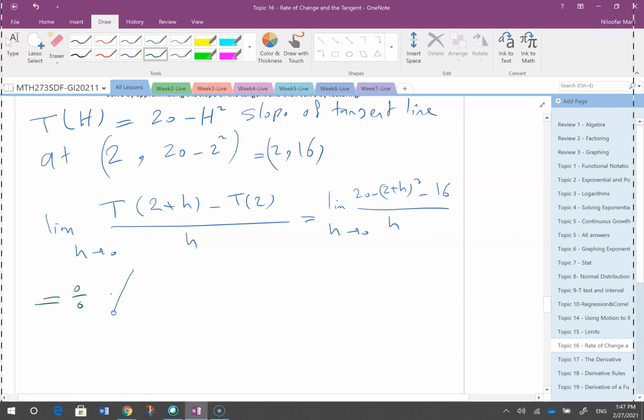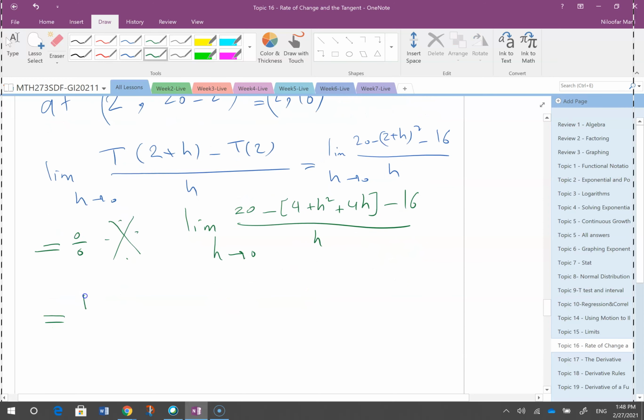I can't do that, so I have to cancel. I have to make my limit clear. So I expand: 20 minus (4 plus h squared plus 4h) minus 16, over h, as h goes to 0.